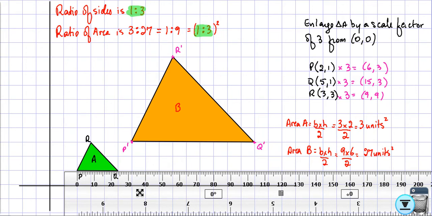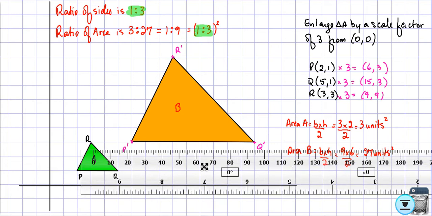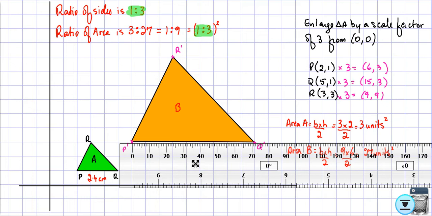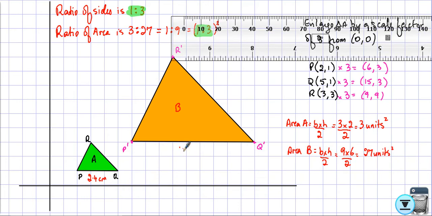PQ is 2.4 centimeters. This side here is 7.2 centimeters. It makes sense because that is 3 times as much, and 3 times 2.4 is 7.2.